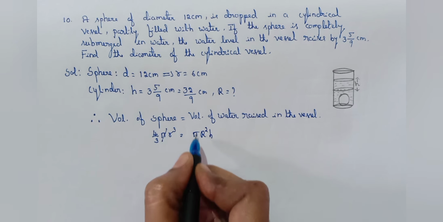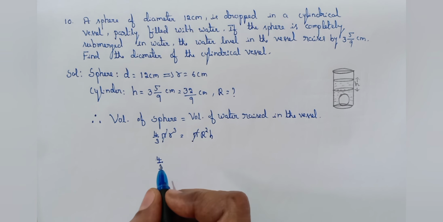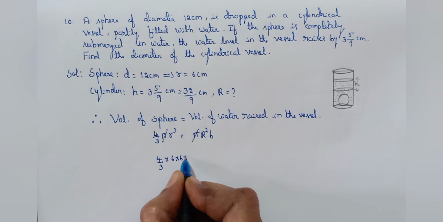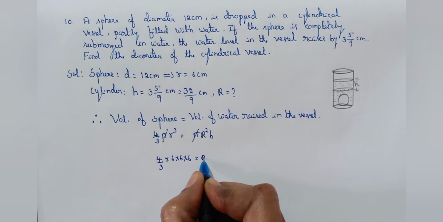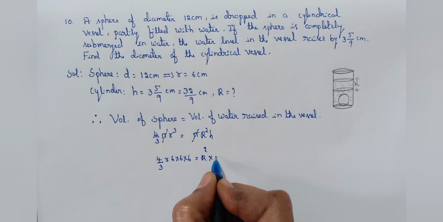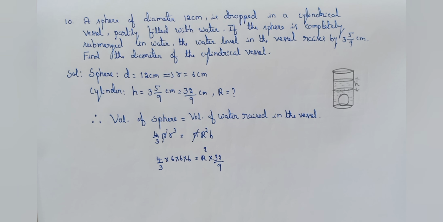We can cancel this pi. 4 by 3. The radius of the sphere is 6 centimeter. 6 into 6 into 6 is equal to r square. The radius of the cylinder we have to find out, right as it is, and the h is 32 by 9. Next, take the cross multiplication.